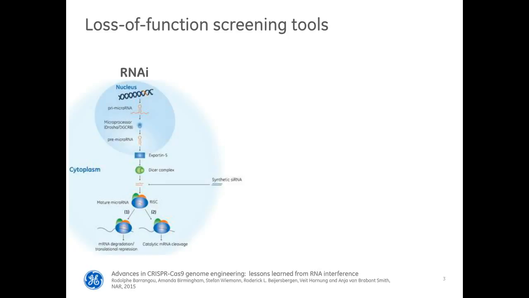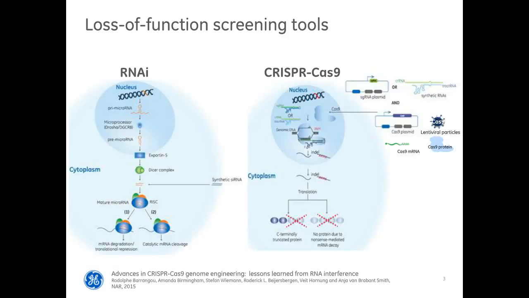In short, an siRNA is delivered into the cell where endogenous RNA interference machinery uses that siRNA to identify and degrade a particular messenger RNA, thereby decreasing its expression. But now that CRISPR Cas9 tools are becoming more and more prevalent in these loss-of-function workflows, it makes sense to utilize them also in these larger screening situations.